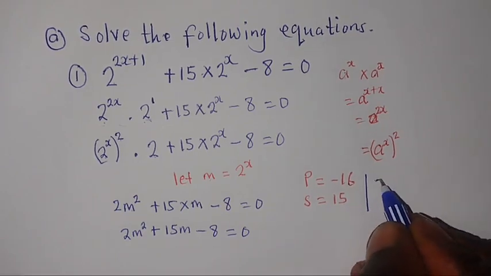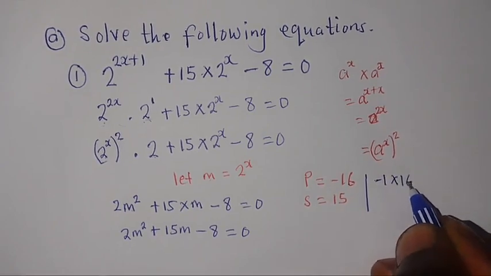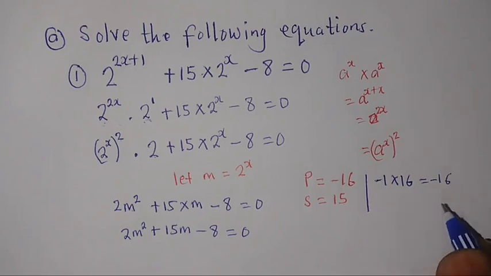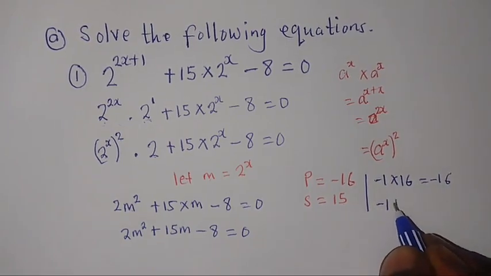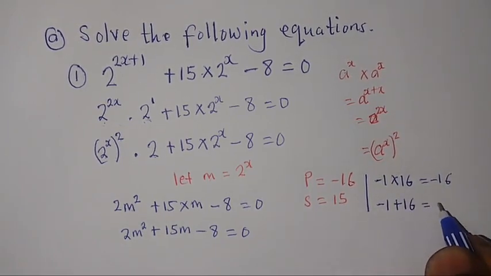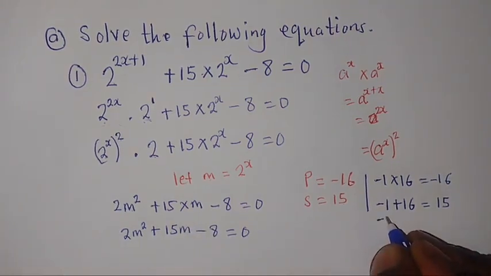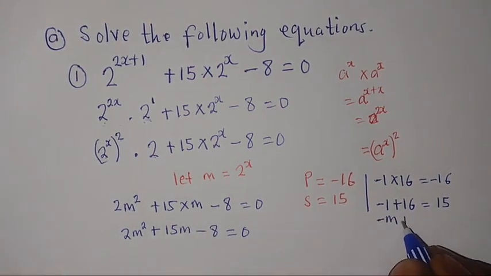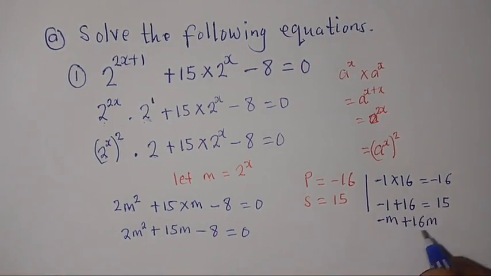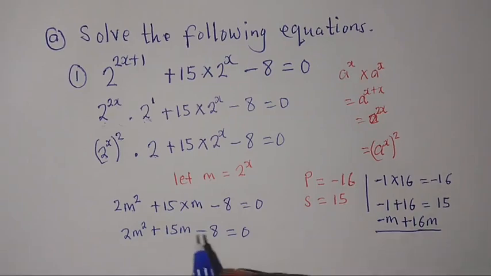These two numbers are negative 1 and 16. Negative 1 times 16 gives negative 16, and negative 1 plus 16 gives a positive 15. Since we are using the variable m, this will be negative m, and this will be 16m. So we are going to substitute this right here in the middle.